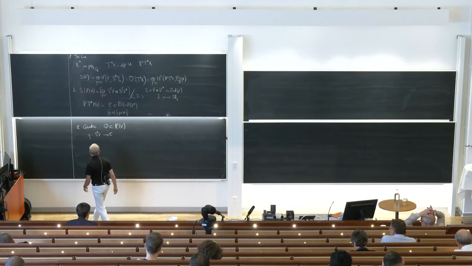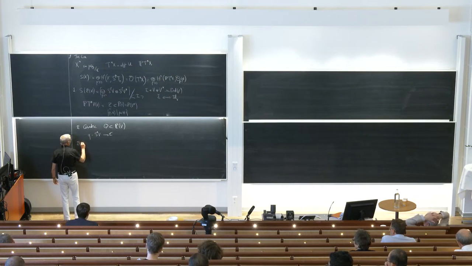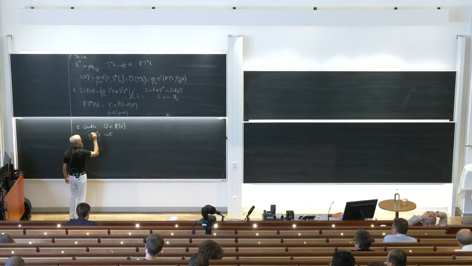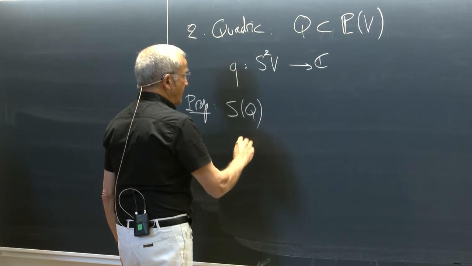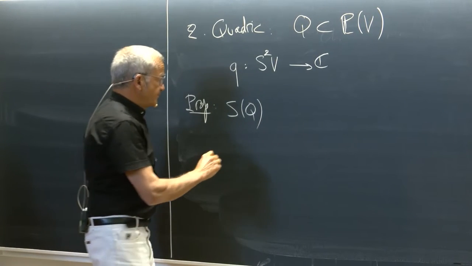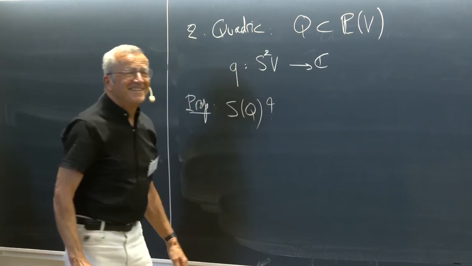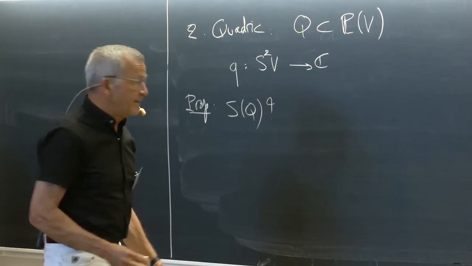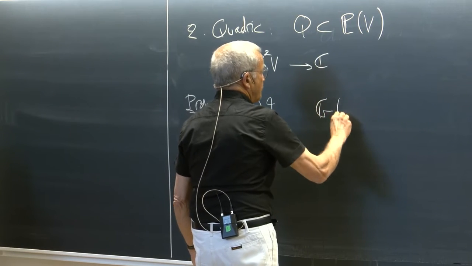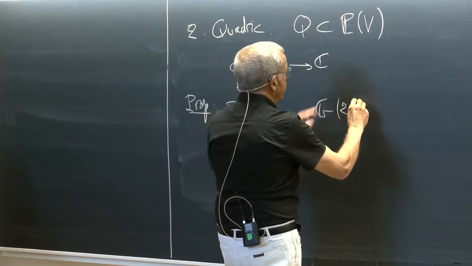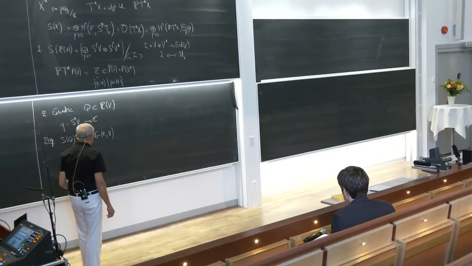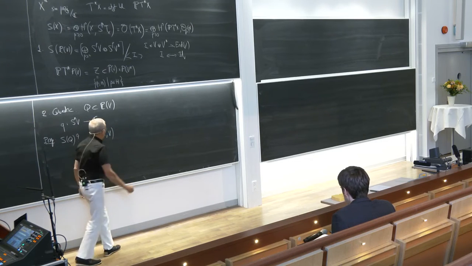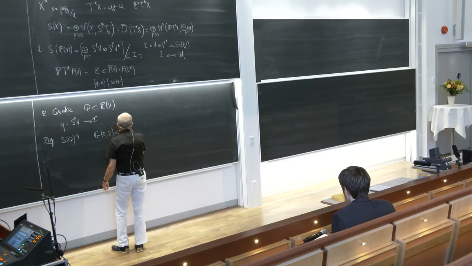And what is the proposition? The symmetric algebra of Q, I should explain something. What is S of Q? Let me take the Grassmannian G2V of two-planes in this space V, and this embeds by the Plucker embedding into P of wedge 2V.